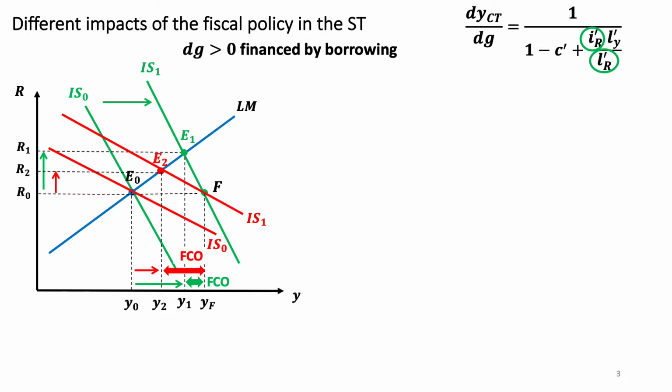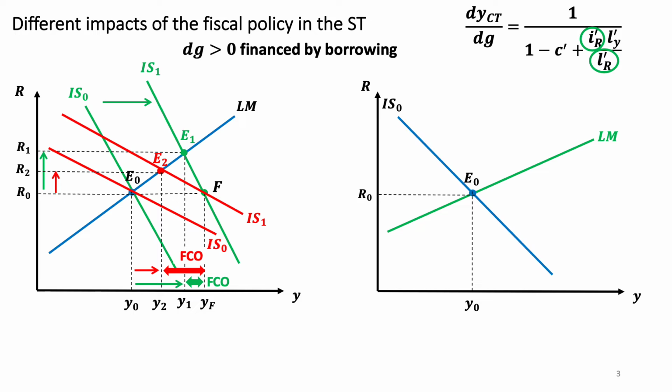IS is less steep, which means that the investment is more sensitive to the interest rate. So even if the interest rate increases less here than in the first case, the investment reacts more to this increase. So for an IS curve that is less steep, a fiscal policy is less efficient.